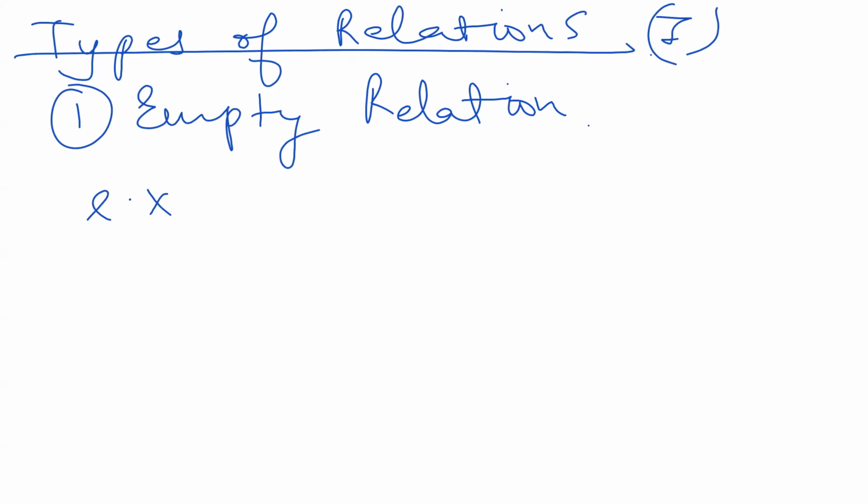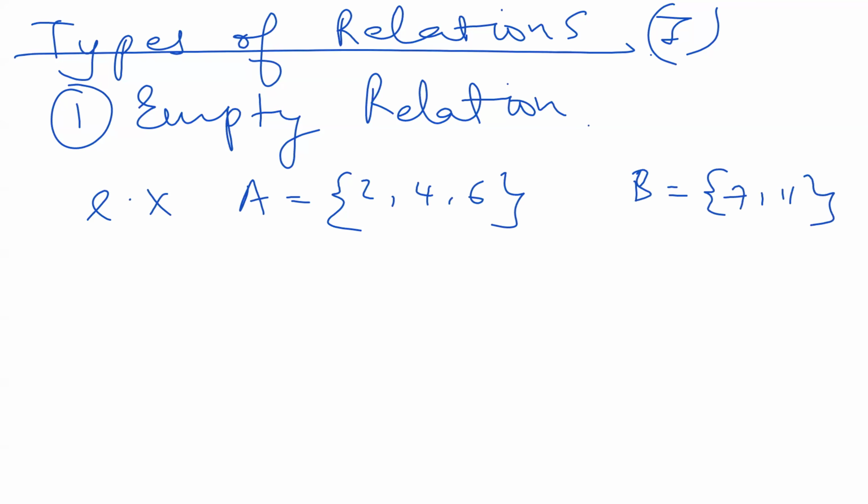So example, A is equal to {2, 4, 6} and B is equal to {7, 11}. Now let's say R1 is a relation on this.